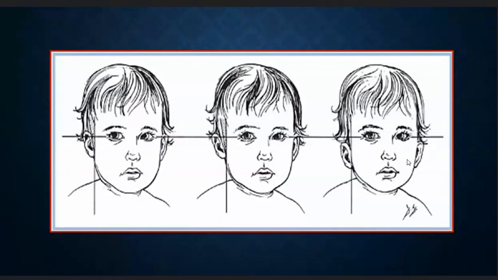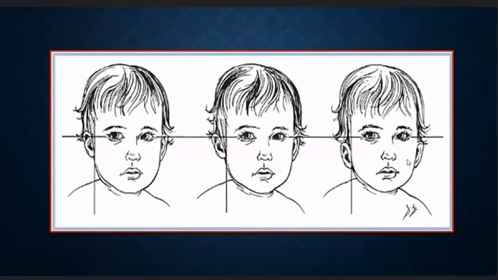Here is the normal setting of the eye and the low set of the eye. If you see the patient from the front, you can say this is low set or normal set.